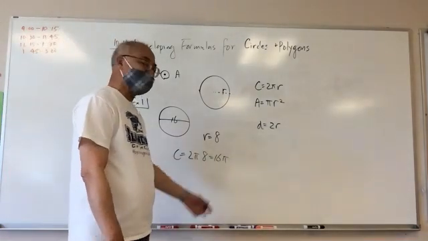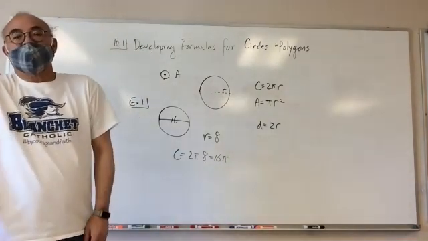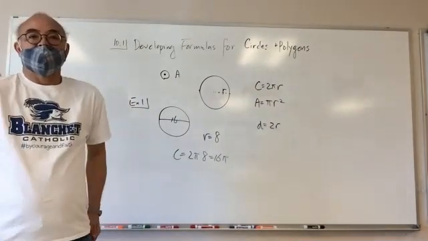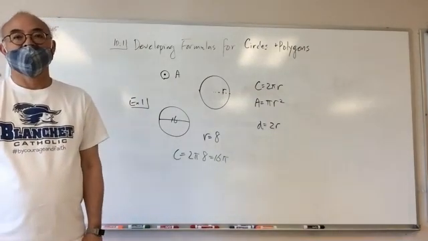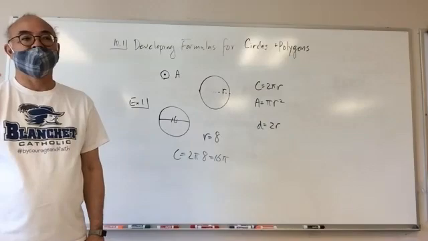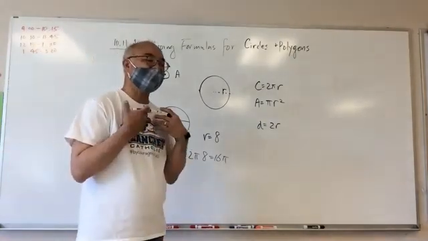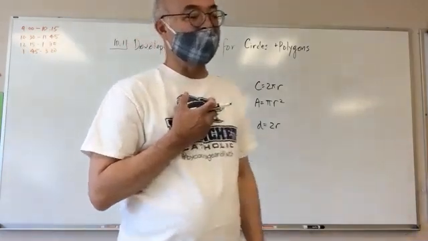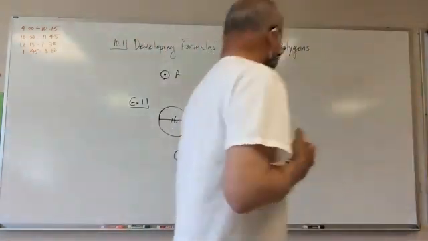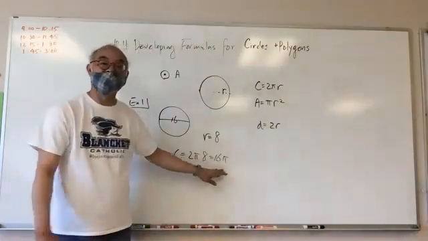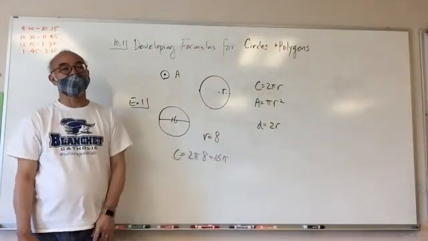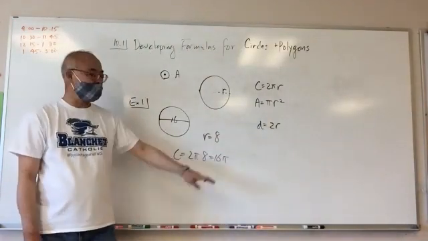If no word has been given, pi is going to be equal to what? 3.14, right? You just do it out, right? Okay. In my classes, normally I allow you to leave it like that. I don't know what the assessments that we're using are going to be able to do that.